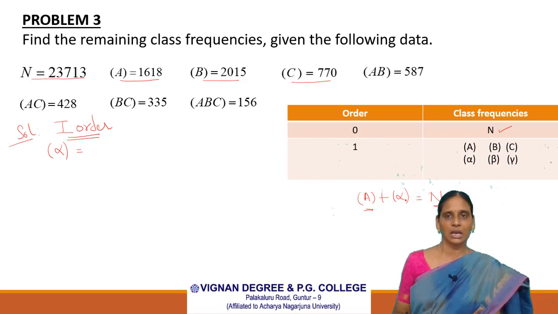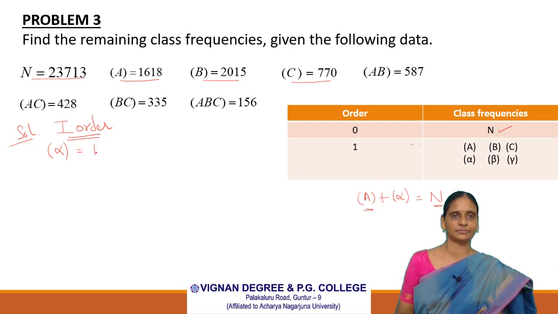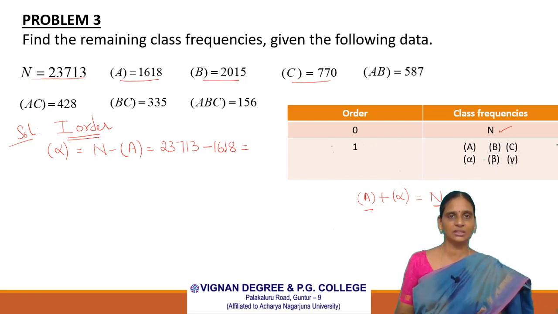Based on this, frequency of alpha is equal to N minus frequency of A. This is equal to, the value of N is 23,713 minus frequency of A value is 1618. Now subtract these 2 values, we get 22,095.